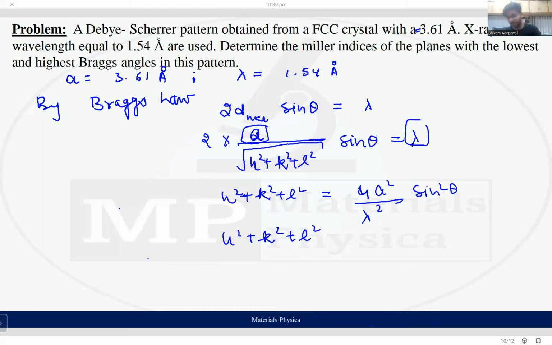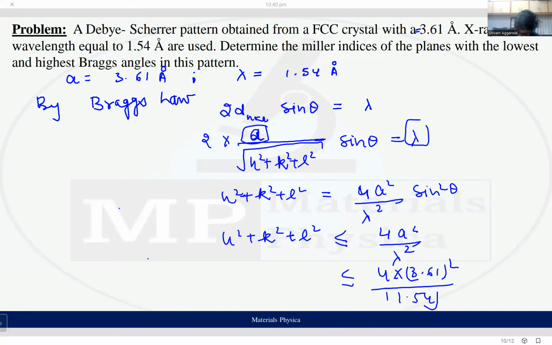And we know the maximum value of sine would be +1 and the lowest value of sine would be -1. So in all cases, sin square theta would be maximum 1. So h square plus k square plus l square should be smaller than or equal to 4a square over lambda square, where a is 3.61 and lambda is 1.54.